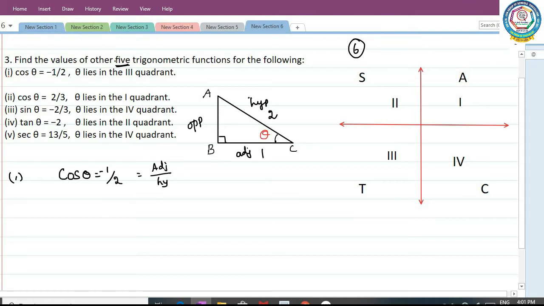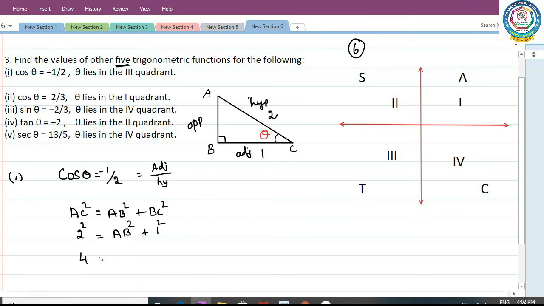So we have to find out the remaining 5 trigonometry ratios. By applying the Pythagoras theorem I will do. What is the Pythagoras theorem? AC square is equal to AB square plus BC square. What is AC square here? 2, so 2 square is equal to AB square, we don't know, we have to find out, plus BC square, 1 square.